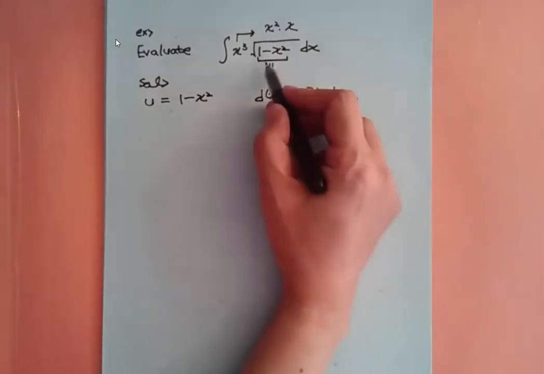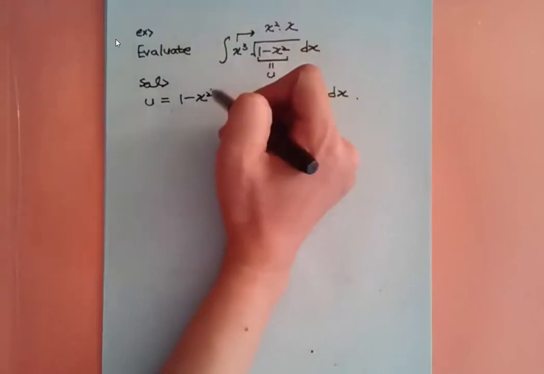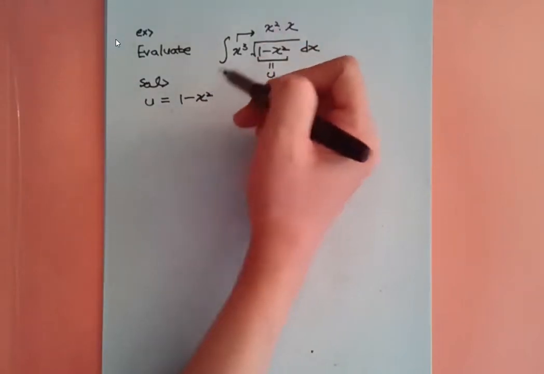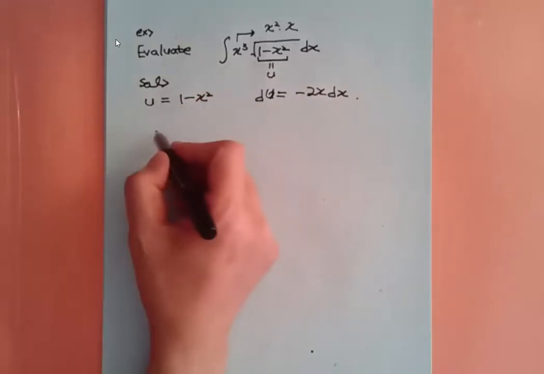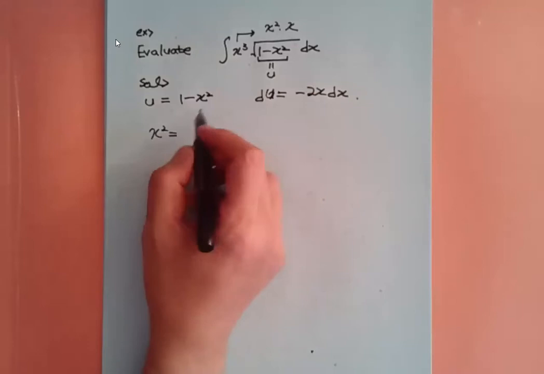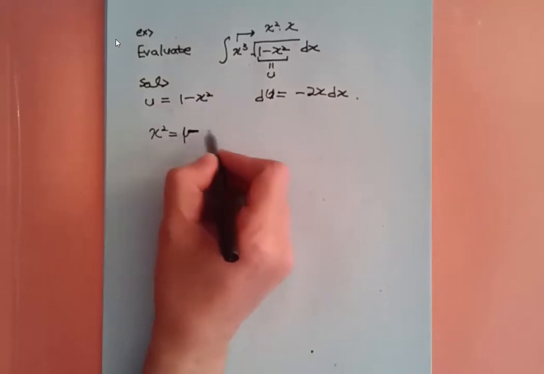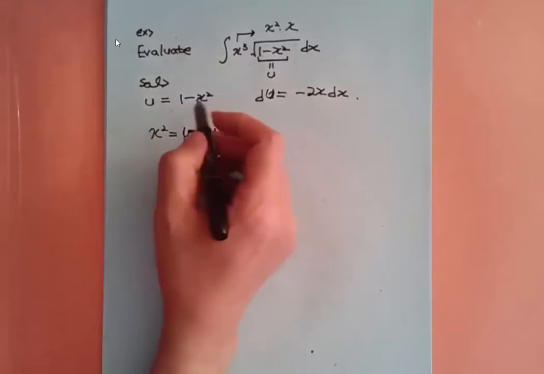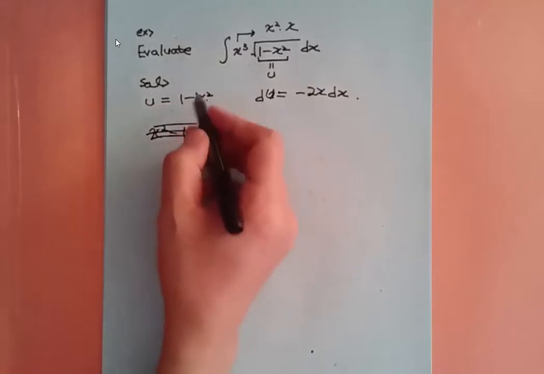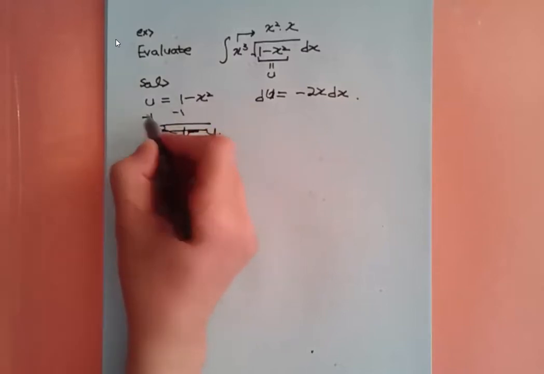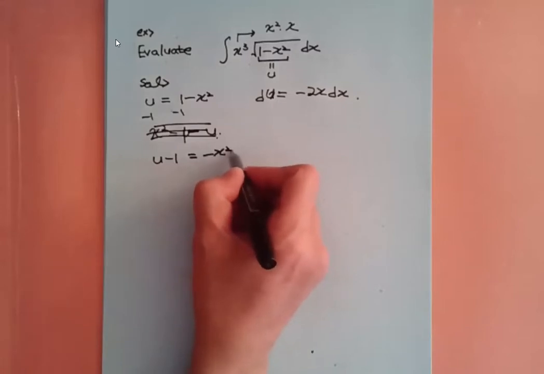So this part becomes u, but we realize that x squared can be written by using u. So x squared equals 1 minus u. So let's just do one by one. So u minus 1 equals minus x squared.